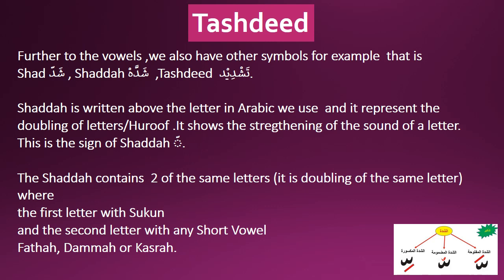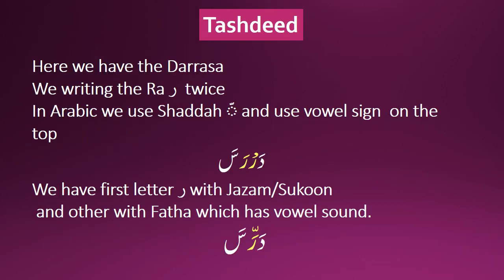The shadda contains 2 of the same letters. It is the doubling of the same letter, where the first letter has sukoon and the second letter has any short vowel, fatha, dhamma, or kasra. Here we have darasa, where we write the R twice.